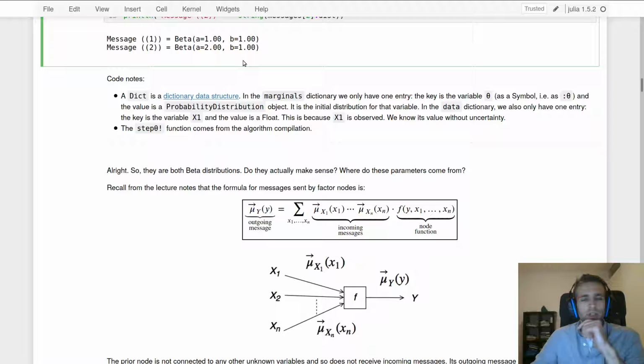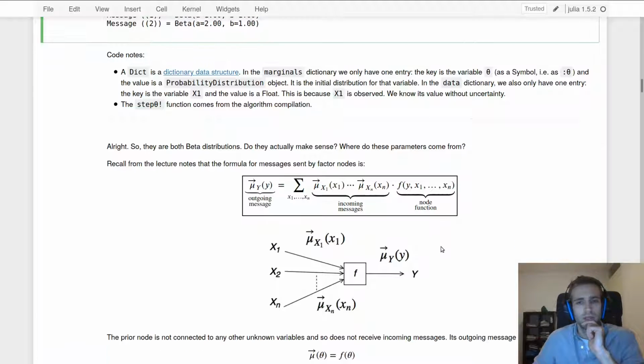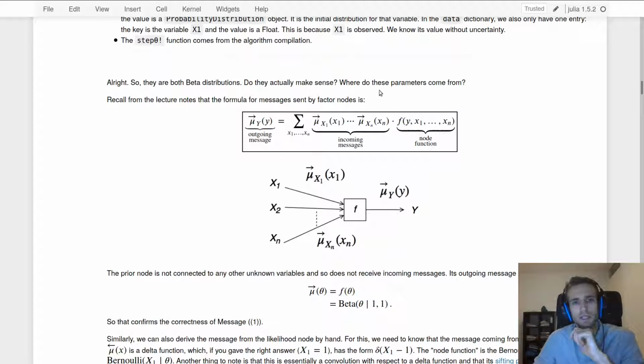Alright, so Formulab has spit out two messages, but do these actually make sense? Where do these parameters 1,1 and 2,1 come from? If you remember Bert's lecture, he talks about the general formula for sum product message passing. That's the mental picture you should have. You have a factor node f, which summarizes all but one incoming edge, in this case x1 up to xn, and then pushes out a message towards a specific variable y.